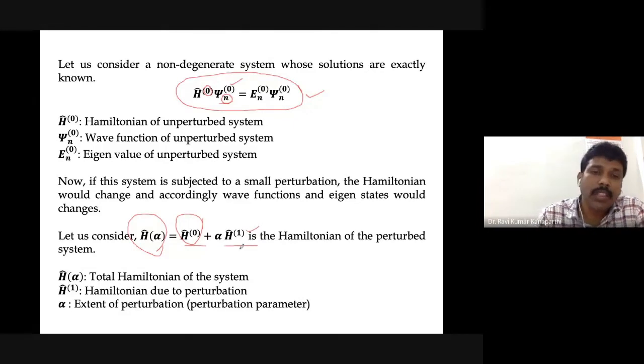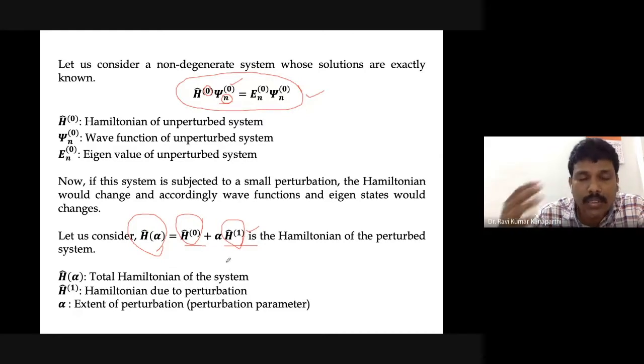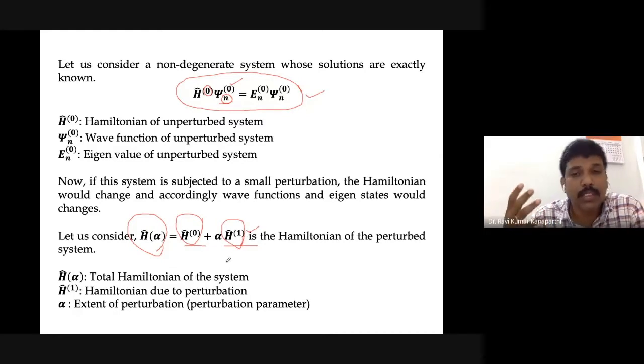Now, this particular H1 is actually the Hamiltonian that corresponds to the perturbation. Okay, as I told you, you have an unperturbed system. That unperturbed system, you actually disturb it by applying maybe an electric field, maybe a magnetic field, or maybe applying a photon, right? Light. So all these things are perturbations.